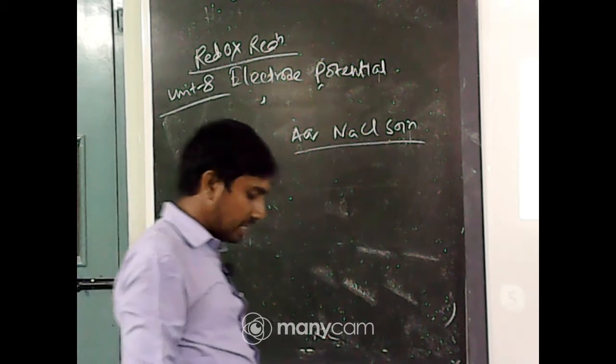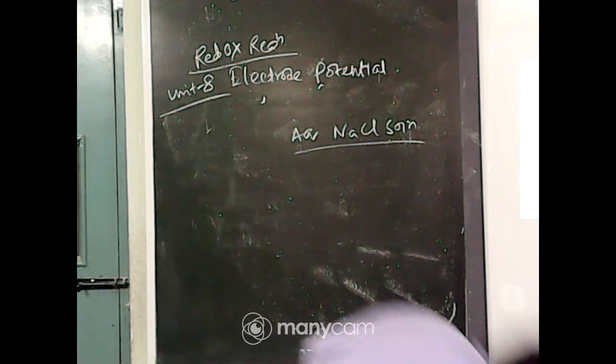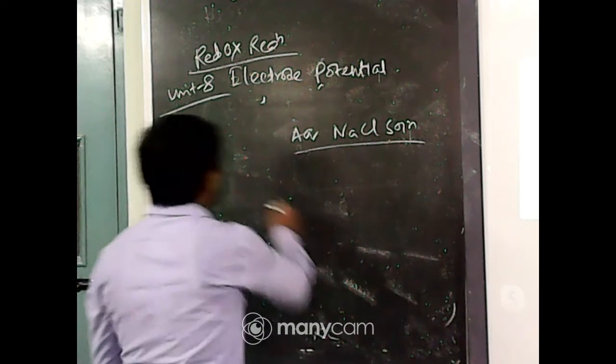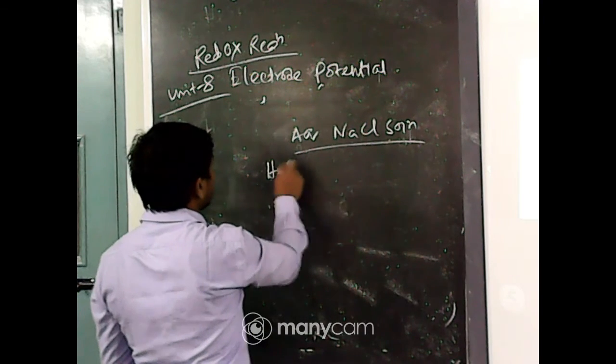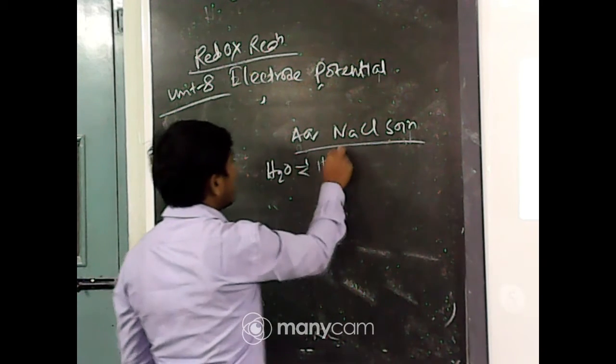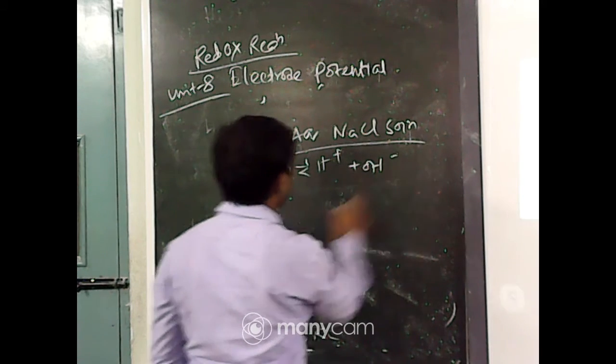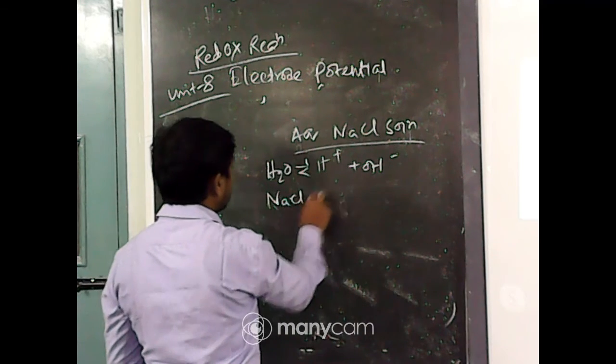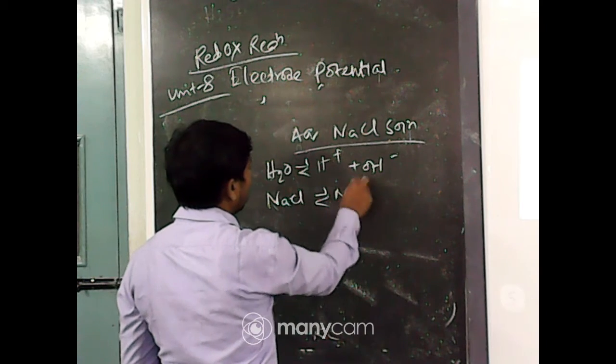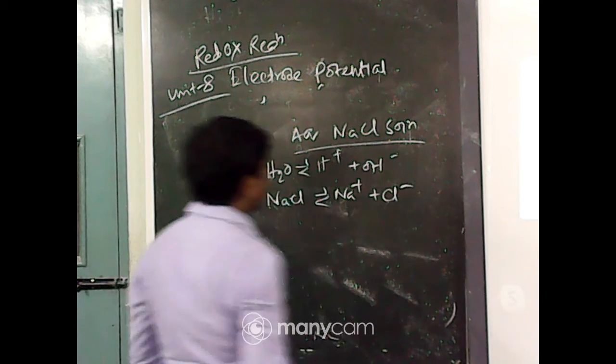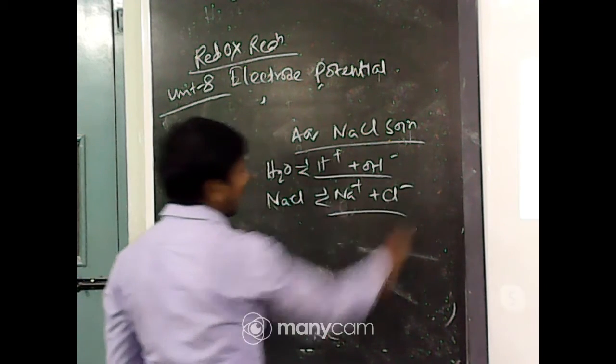In aqueous NaCl solution, H2O dissociates as H plus and OH minus, NaCl dissociates as Na plus and Cl minus. So there are 4 ions, cations and anions.